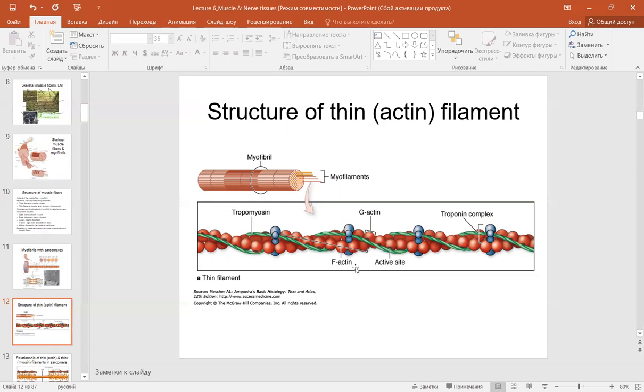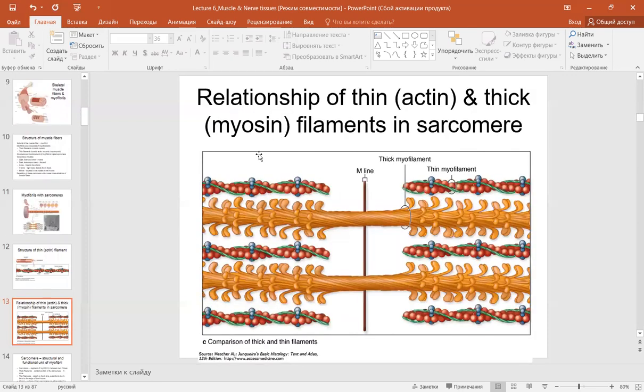And here you have the relationship of thick myosin filaments and thin actin filaments, which is bisected in the M line by cross-binding with specific components, keeping myosin myofilaments together in a regular manner. And here you have actin and myosin with active sites covered with troponin and tropomyosin.